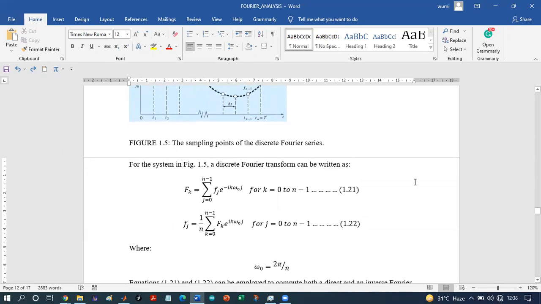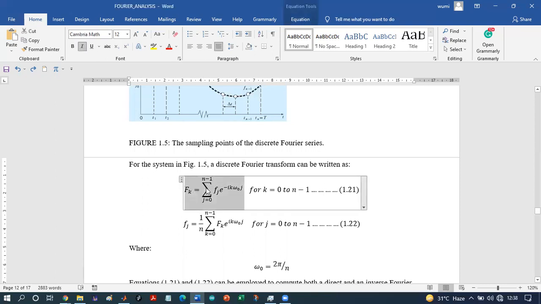time instant. So for the formula for the Fourier transform of DFT, discrete time Fourier transform, this is the formula.